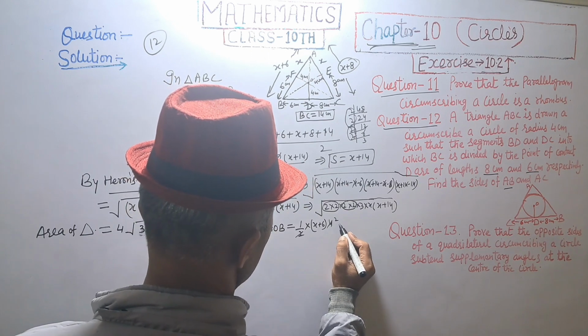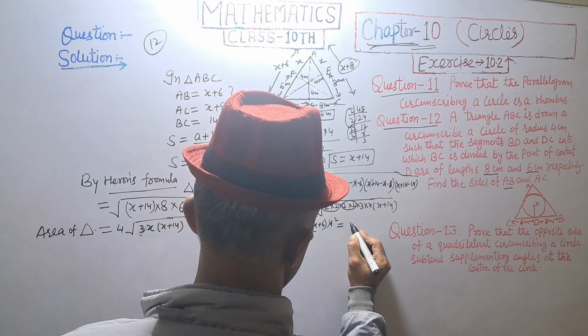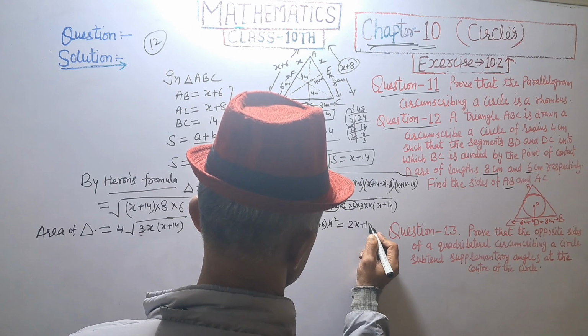This is cancelled by 2, and this is equal to 2 times x plus 6, that is 2x plus 12.